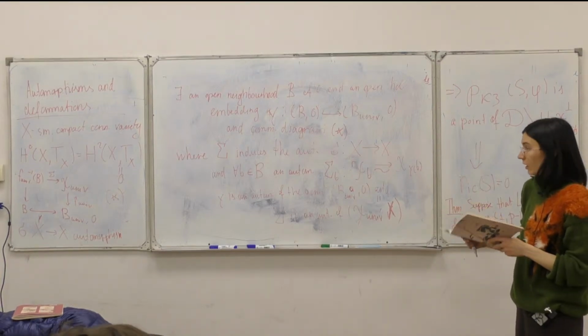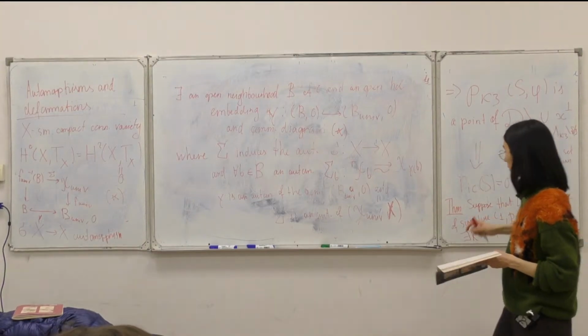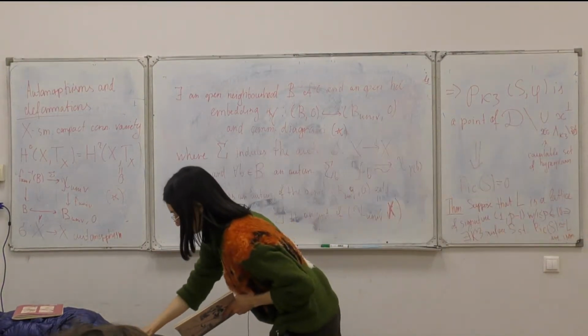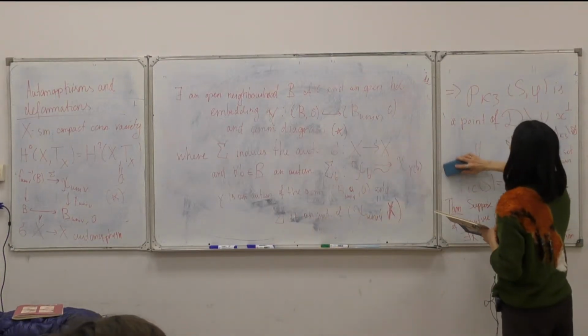And now what will we have for a K3 surface? Why is there no fine moduli space of K3 surfaces?